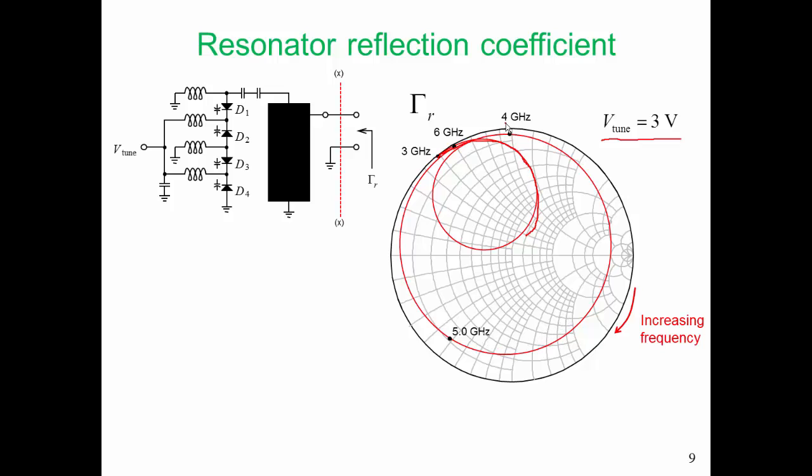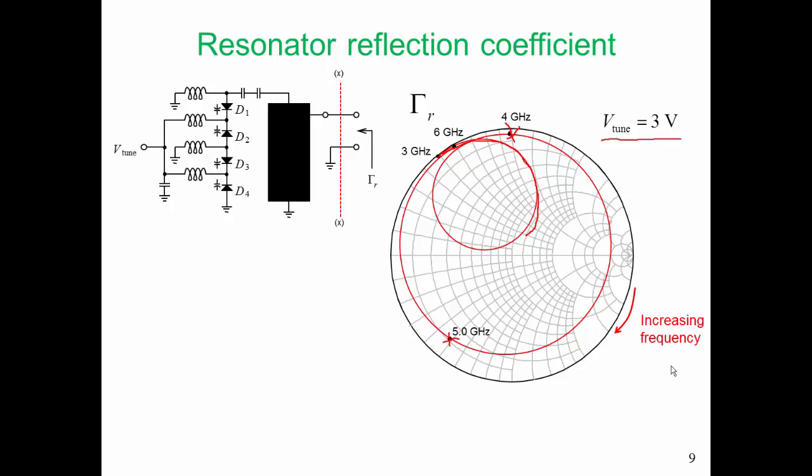So we go from 4 gigahertz to 5 gigahertz, and we cover about 3/4 of the Smith chart. Our locus is moving in the clockwise direction with respect to increasing frequency. And so somewhere between 4 and 5 gigahertz, where we're having rapid variation of BR with respect to frequency, we want to establish our oscillation condition.